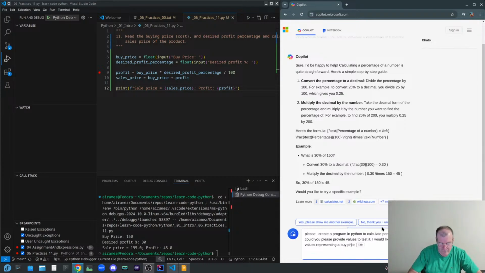Buy price of a product and the desired profit percentage. And my function calculate the sales price.